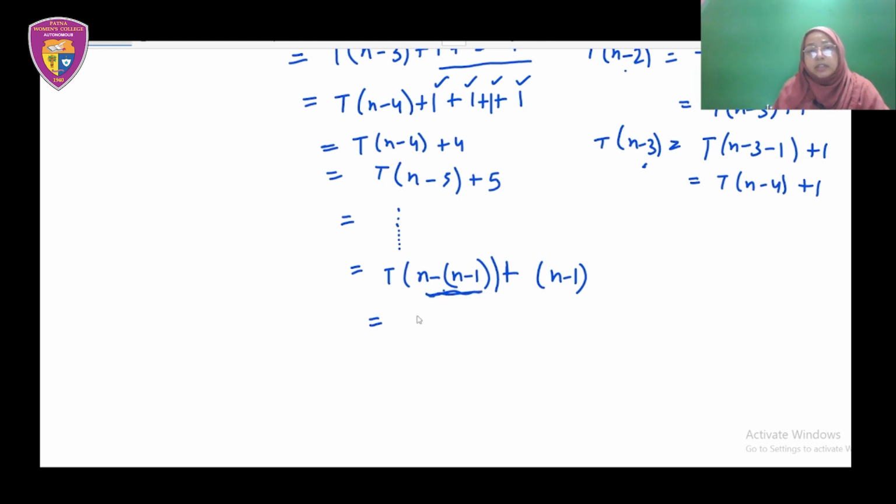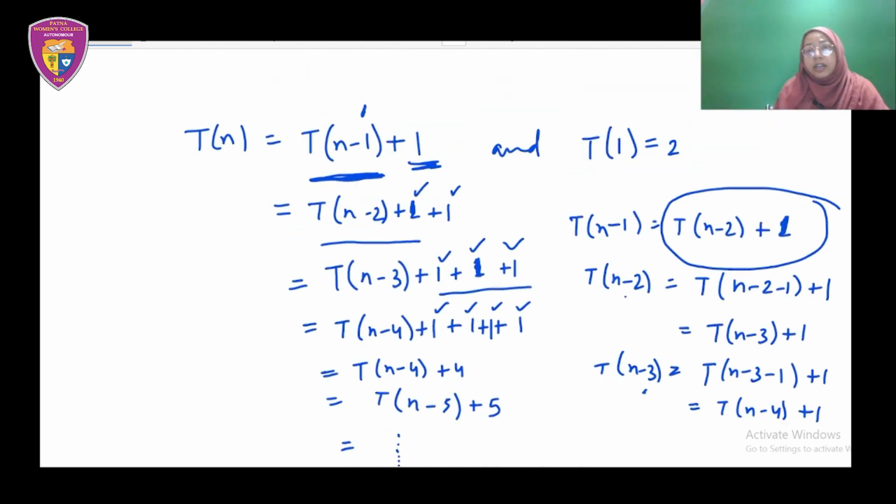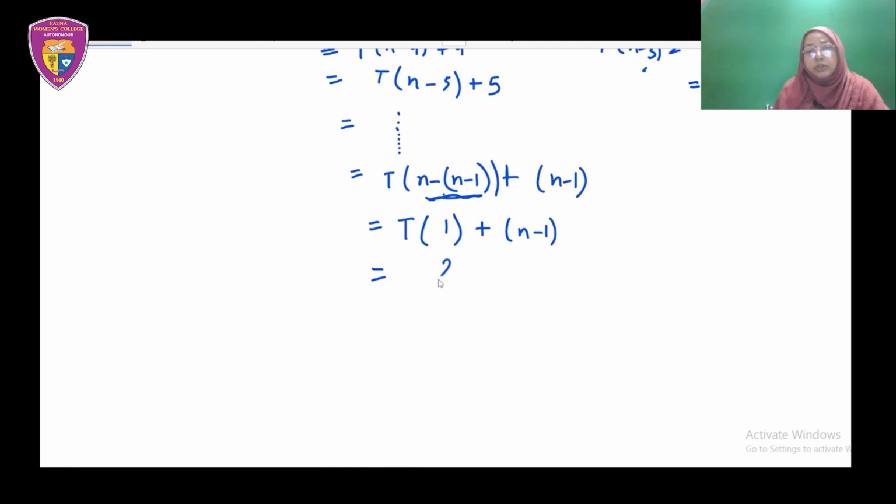When you open this bracket, it will become T of 1 plus n minus 1. T of 1 is given as the value 2, so you just use this value. So 2 plus n minus 1 is n plus 1, because 2 minus 1 is 1. So this is your final answer: T of n is equal to n plus 1.